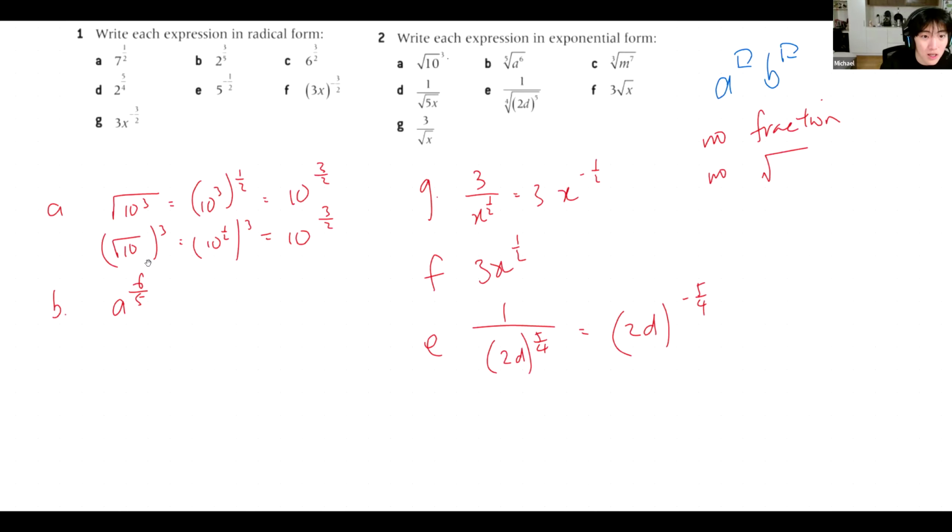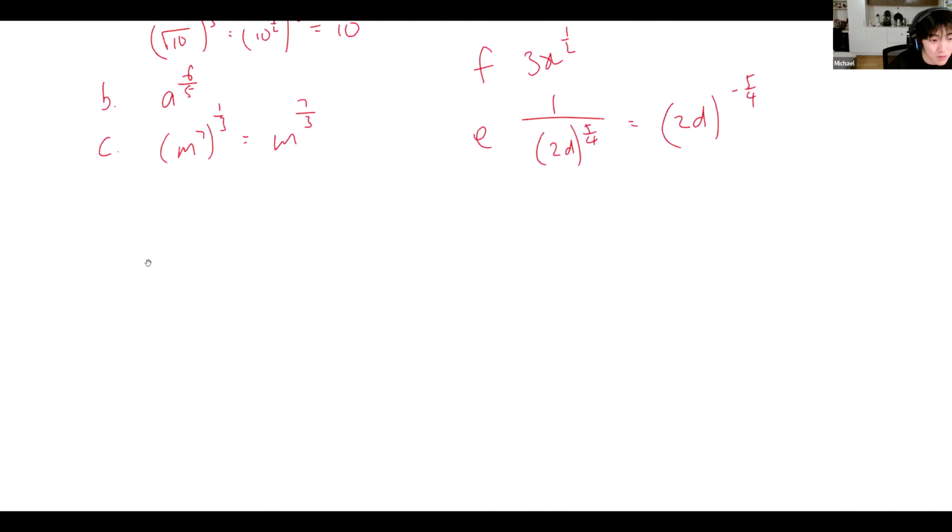All right, for C we have, oh, this is easy, 7/3. I guess I should write more details. You could have the root convert to a third first, and then you multiply the power because of the formula. I know I've said this many times, I just want to re-emphasize it. This formula is x to the a to the b, and the reason we can multiply the power is because we can treat this as a bunch of x multiplying each other.